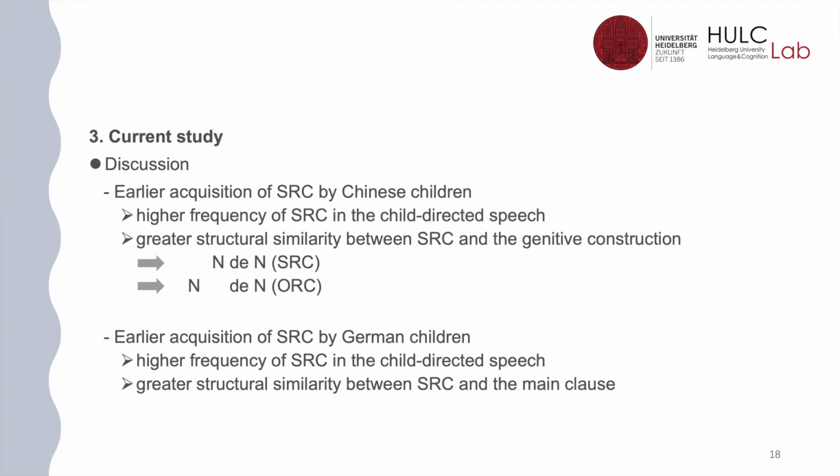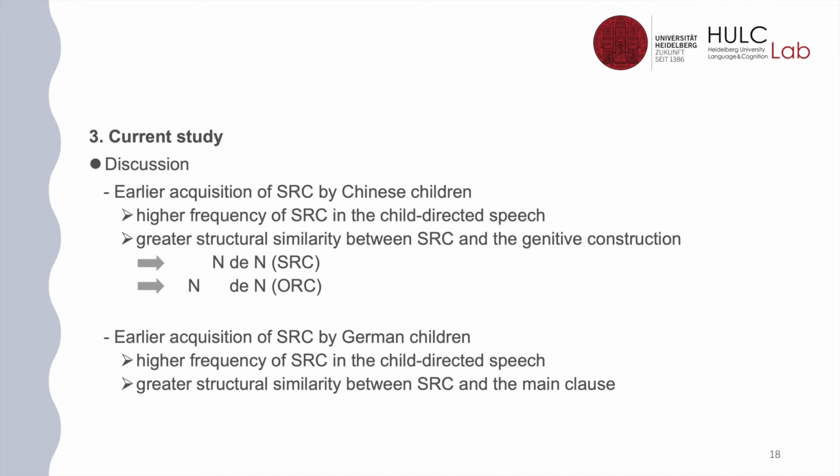As for the Chinese children, the earlier acquisition of SRC can be attributed to higher frequency of SRC in the child-directed speech on the one hand. On the other hand, based on the higher accuracy of SRC and the genitive construction as the most frequent error, we assumed a new acquisition trajectory that Chinese children go through.